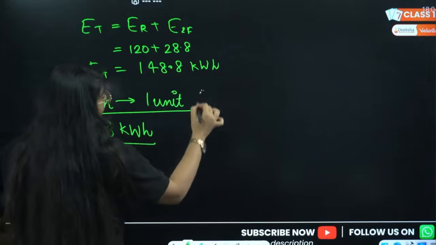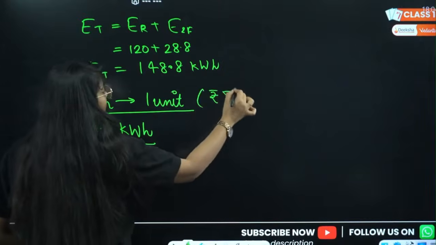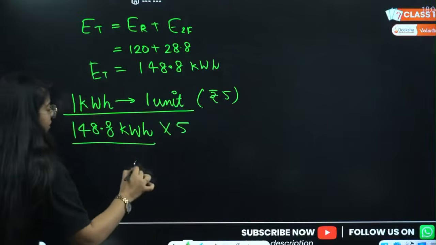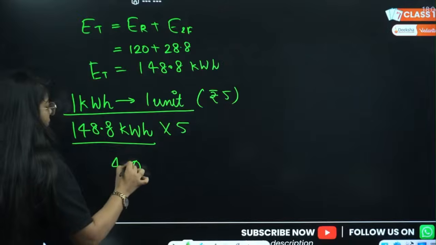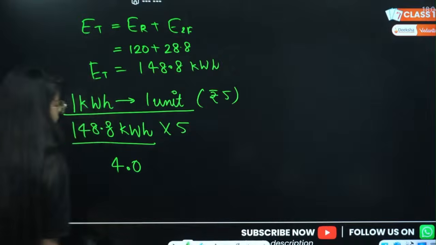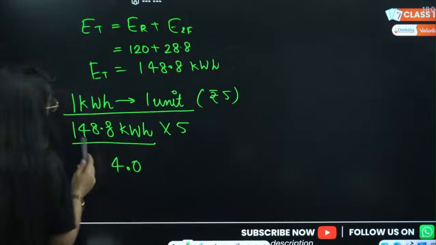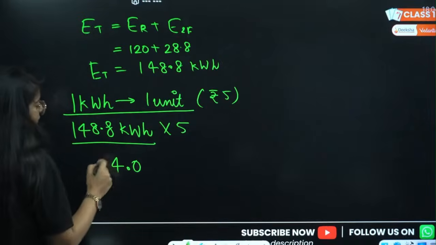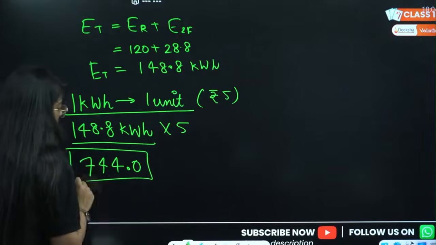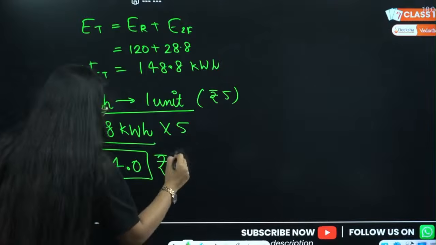For 1 unit the cost is rupees 5. For this many units we multiply by 5, so this will be your cost.